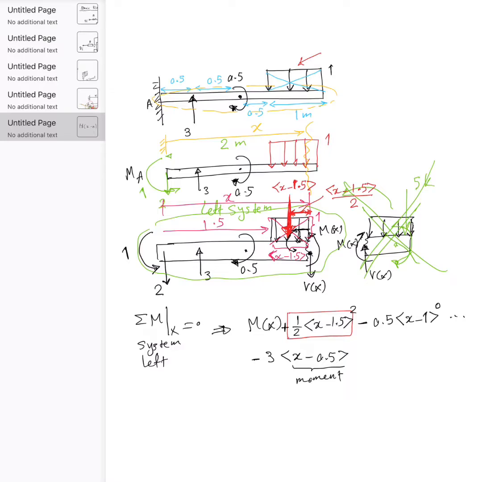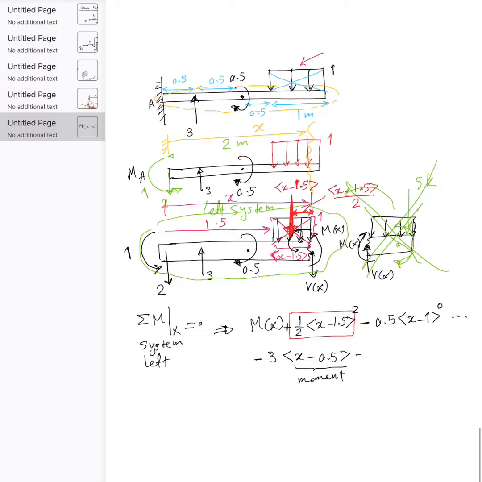There is a 1 Newton force, so I say plus 1 times x plus 2 times x, because this force in the wall is 2 times x plus 1, and this is the couple moment, the wall couple moment, is equal to 0.